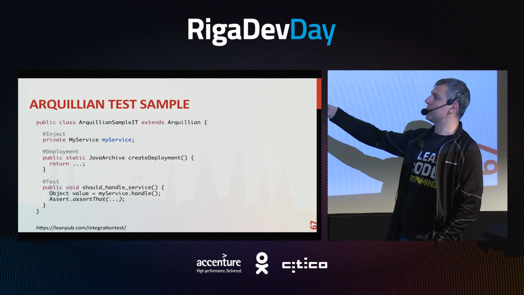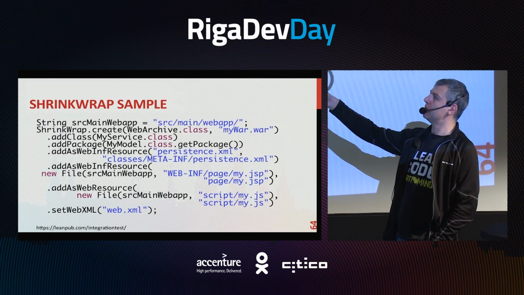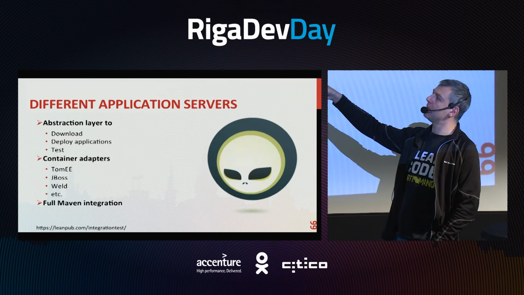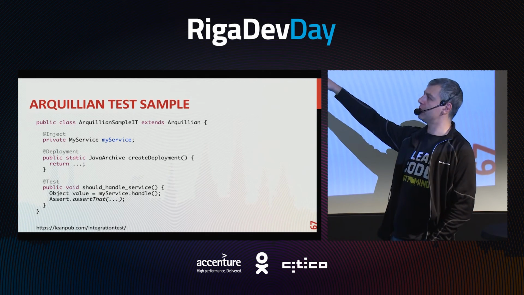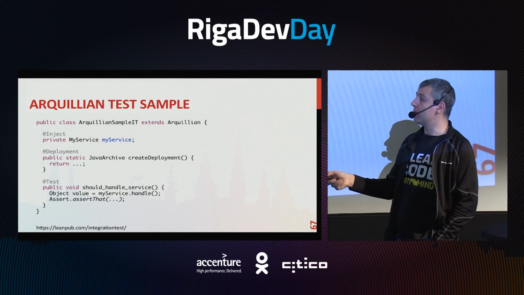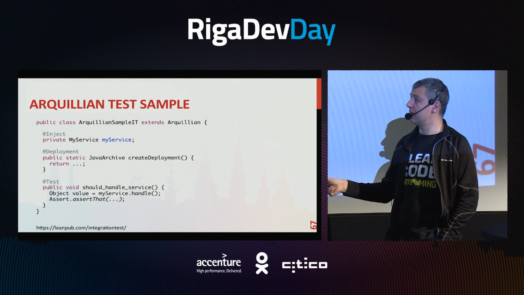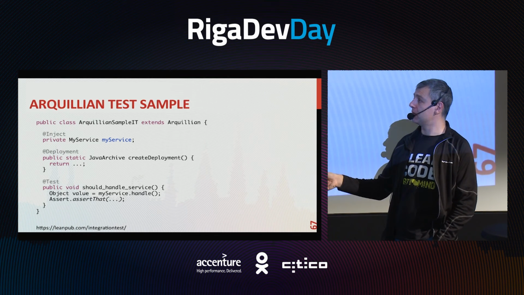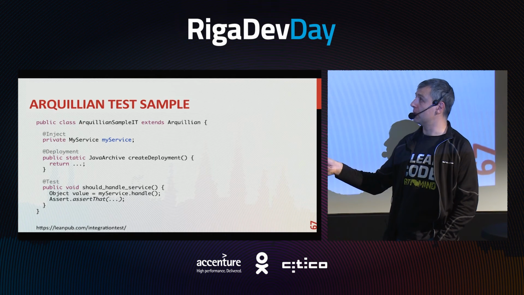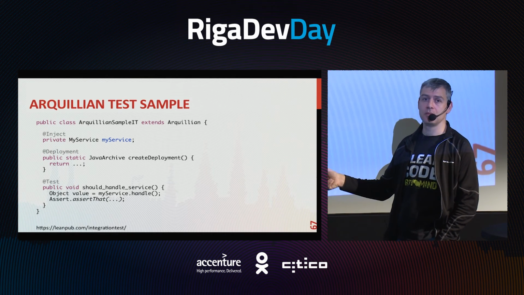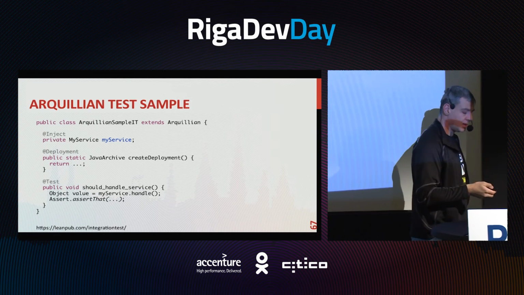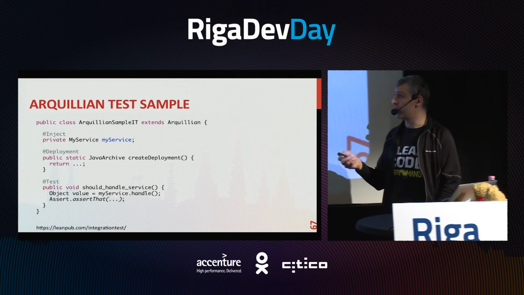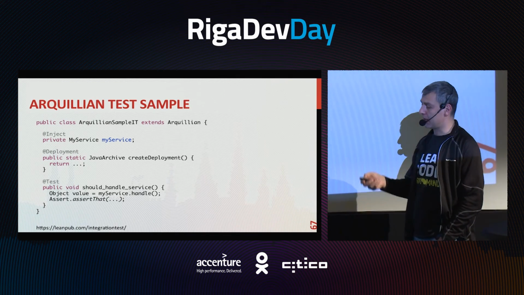So remember ShrinkWrap? This is the code that should be placed here. Here, it should be a web archive, because in the previous slide, I showed you a web archive. And here, it's exactly the same as Spring stuff. You have the test method, and you test your stuff. So you inject it, you use it. So it's quite similar. The only difference is, in this case, you need to create the ShrinkWrap archive.